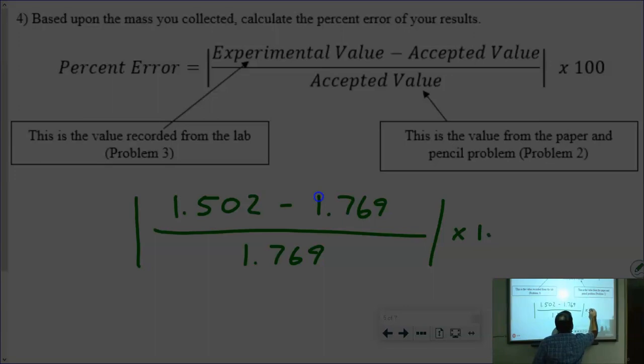I multiply this by 100, and I'll get a percent error, or how far I was off in my lab. So 1.502 minus 1.769 divided by 1.769, and then absolute value, so I'll make that a positive number. I'll just flip the sign here. And I'm getting 15.09% error.